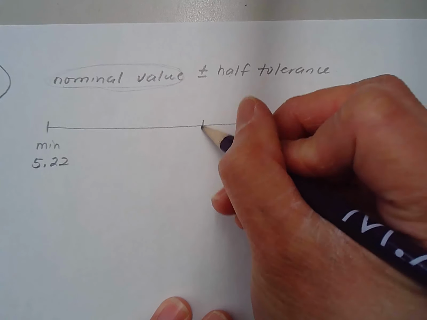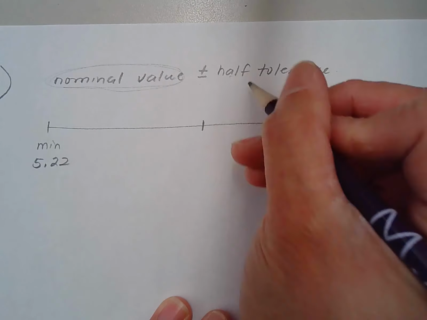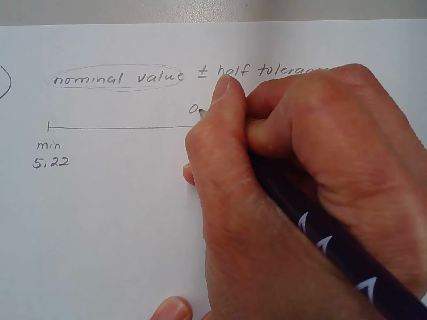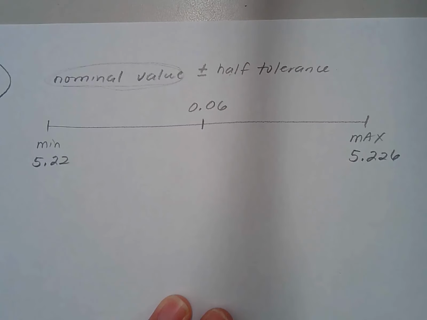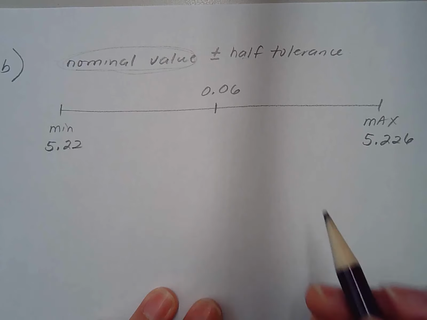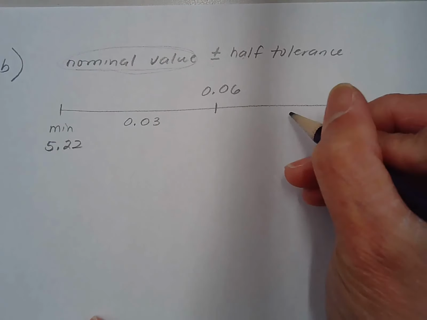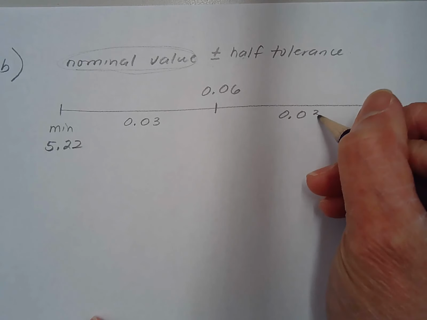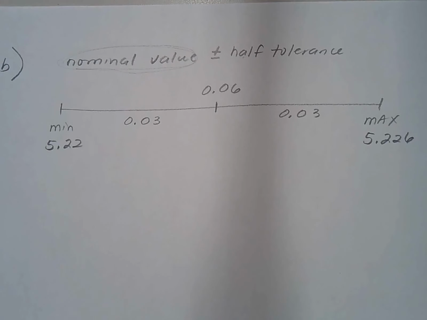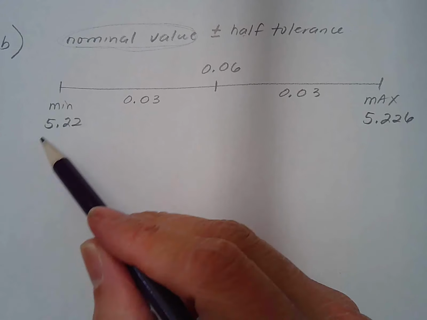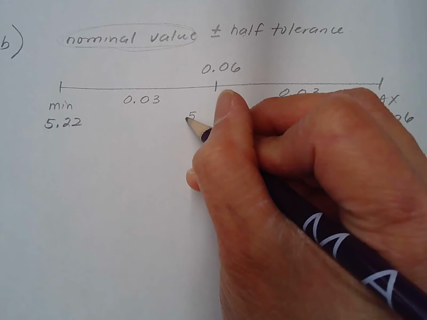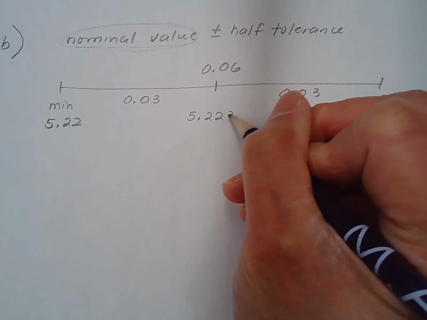So that would be, we know that the full tolerance is 0.06. So that means this is 0.03. And then this is 0.03. So that becomes 5.223.